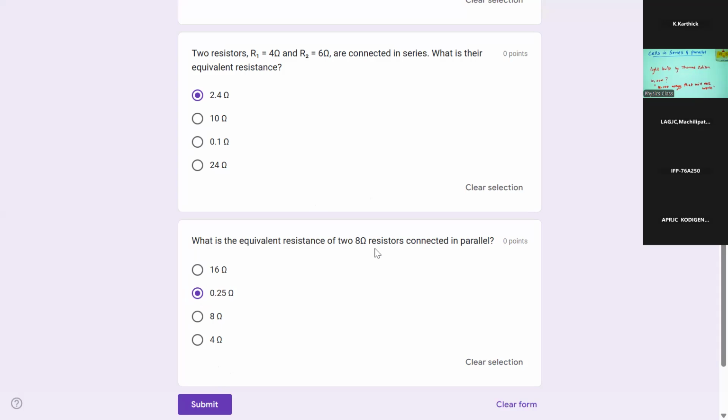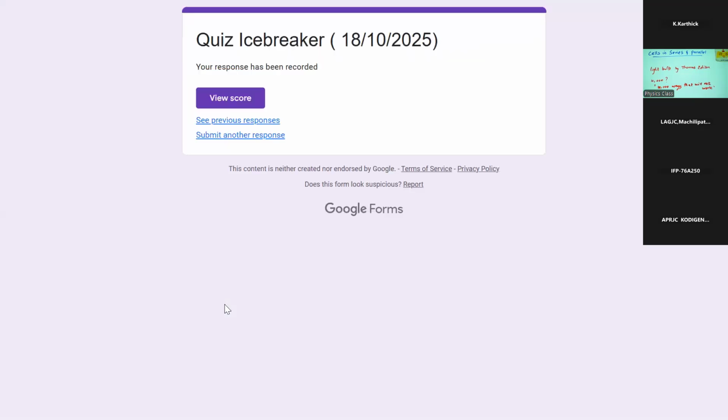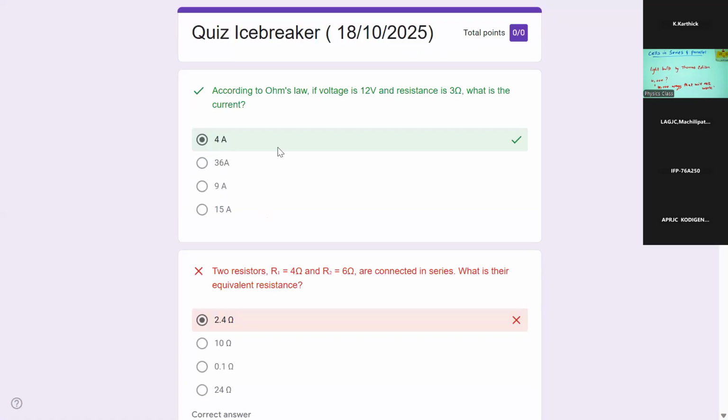For the previous question, someone told 10 ohms. Let me check. According to Ohm's law, if the voltage is 12 volt and the resistance 3 ohm, V is equal to IR. V is 12 volt, I we have to find, and resistance 3.